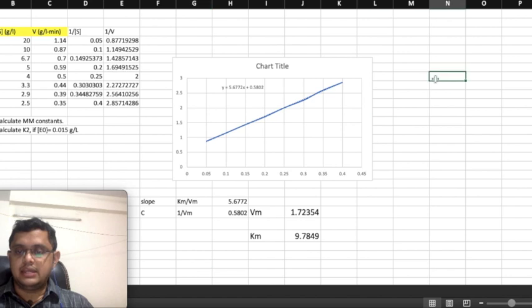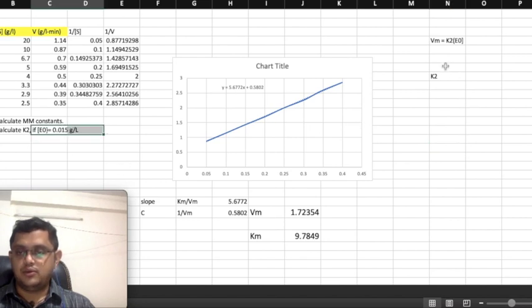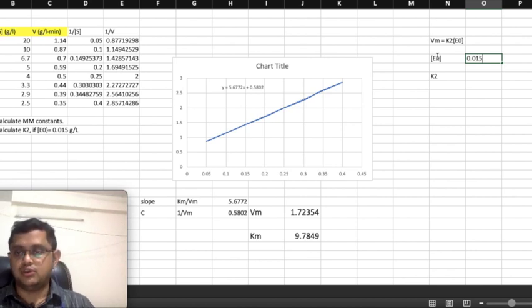Now we need to calculate K2. How to calculate K2? From the previous equation session, we know that Vm is equal to K2 into E0. So now the E0 value is given here, that is 0.015, and the unit is gram per liter, so there is no need to change the unit.